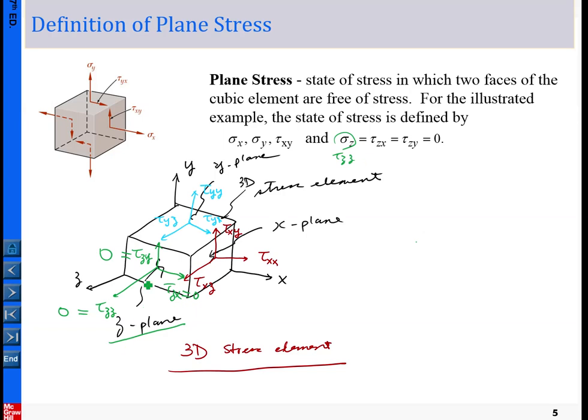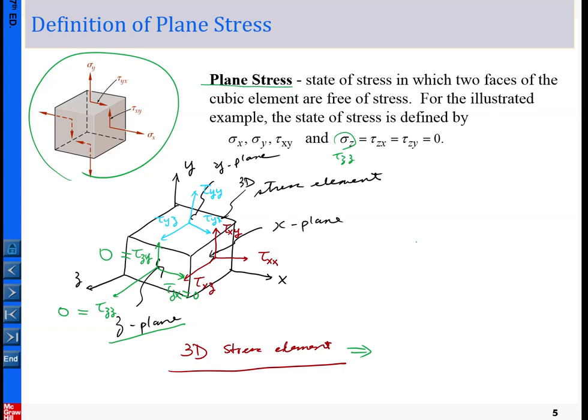So in this case, the element in one direction is just collapsed or 0. Under this case, this three-dimensional element can be simplified as two-dimensional. Okay, so simply you can see the green elements, which are the components in the z-plane, under certain situations or specific applications they are all 0. Under this situation we define it as plane stress.